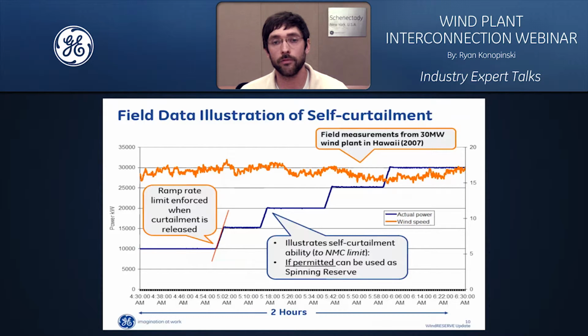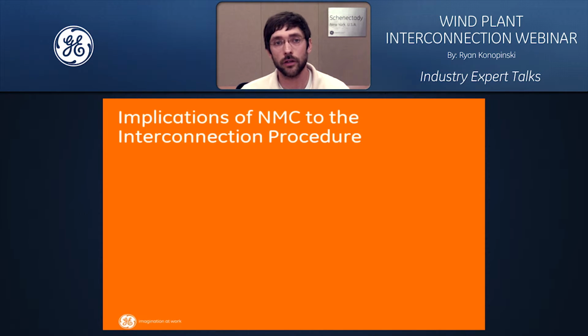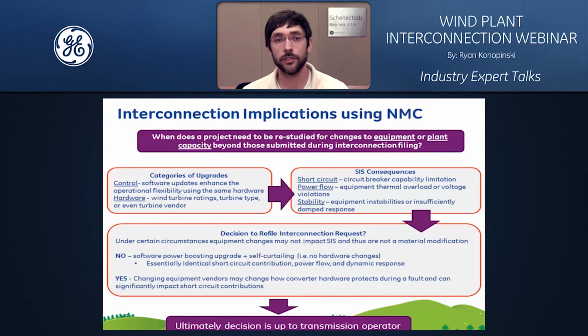this type of capability. So now let's take a quick look at some potential implications of net maximum capacity to the current interconnection procedure. As I had mentioned, for particular upgrades to a facility, whether equipment upgrades or software upgrades, there may be certain circumstances, left up to the transmission operator, that might deem a particular upgrade to fall under a material modification clause or a plant level increase.